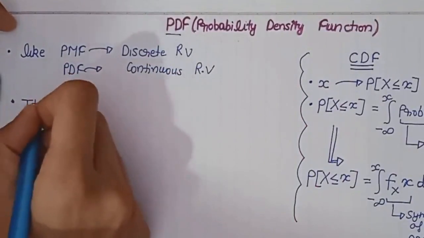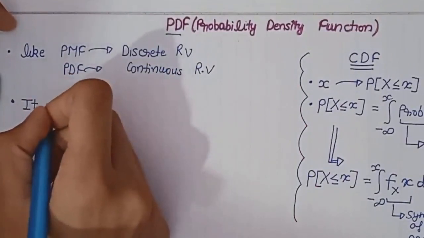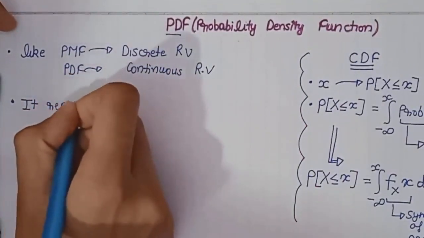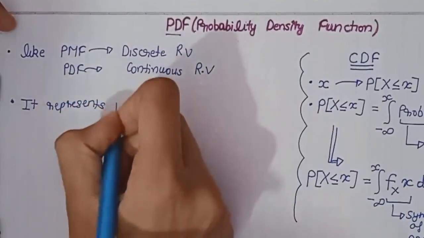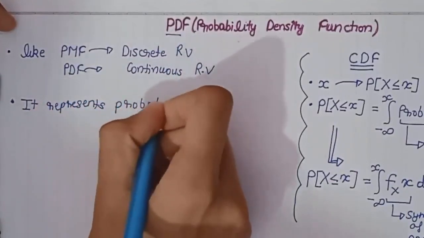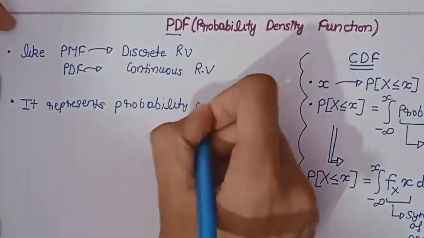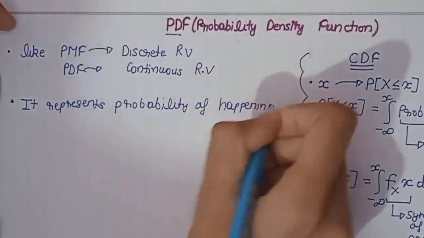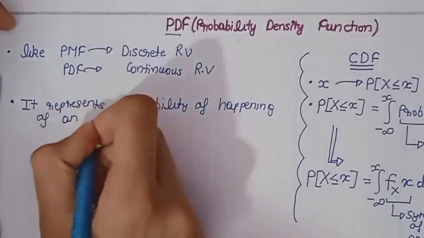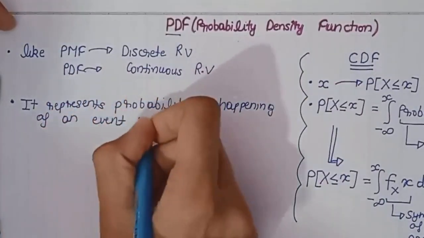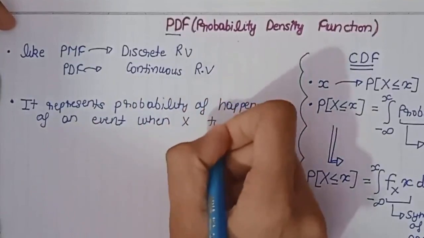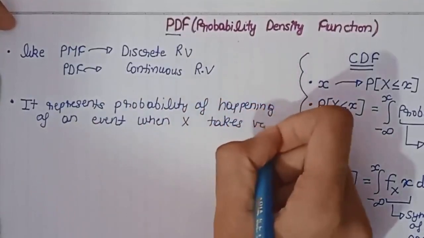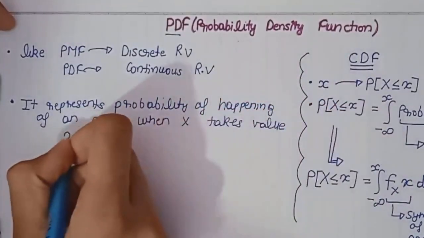Now PDF represents the probability of happening of an event when X takes value x.